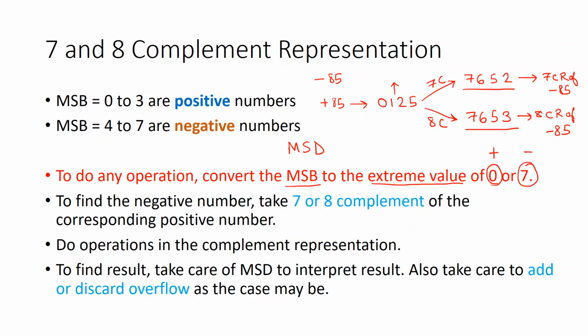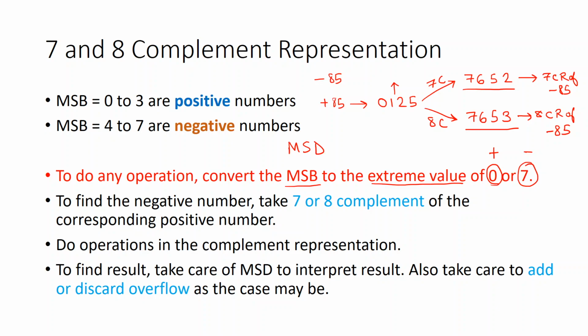You take care of the overflow. If there is an overflow in eights complement, you discard that overflow. If there is overflow in sevens complement, you have to add that overflow back to the result. Then you interpret the result. You look at the MSD, decide whether it is a positive quantity or a negative quantity, and find out the magnitude of that quantity.